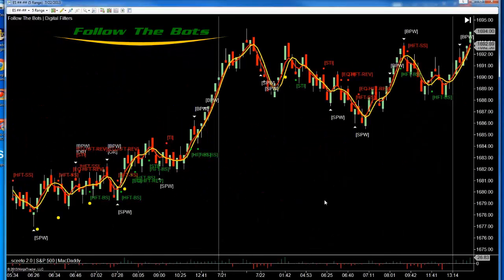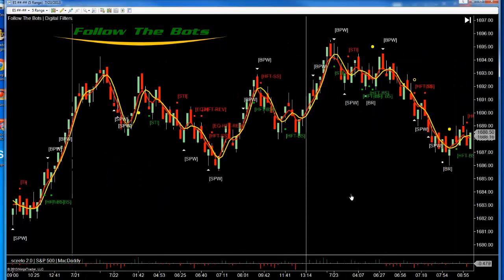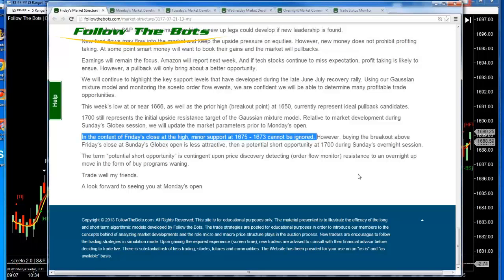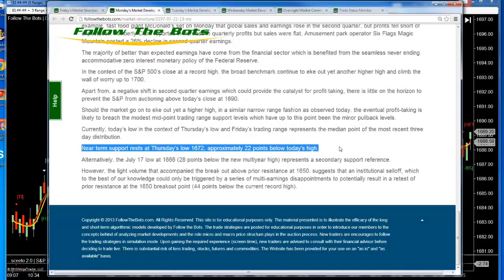So with that said, let's go back now to our order flow monitor. And what we endeavor to do here for our members is to maintain an ongoing narrative about the developments so that when you come into the trading day, you are clear on what the reference points are, where they came from, and why they are significant, where the significance of those references are derived.